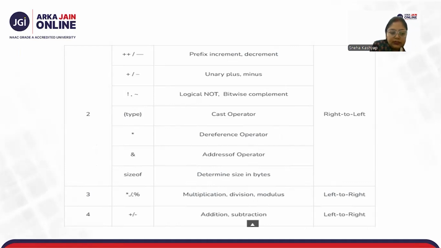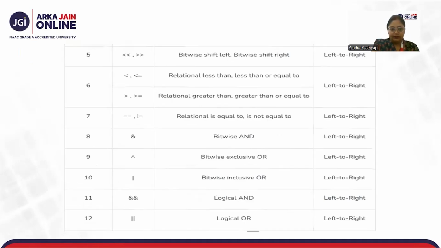The fourth one is the addition and the subtraction operator. Now these have the precedence value of 4 and they are operated from left to right. Next we have bitwise operators, that is bitwise shift left and bitwise shift right. So these share the precedence value 5 and you can use them from left to right.